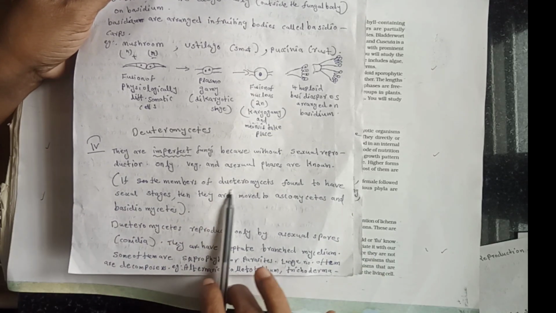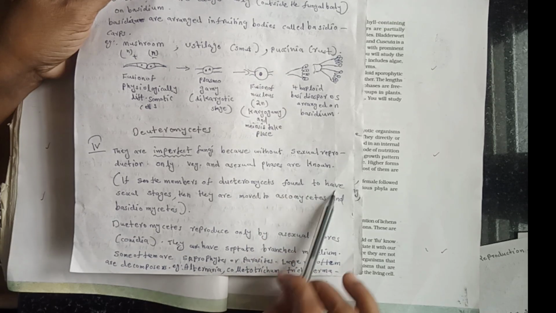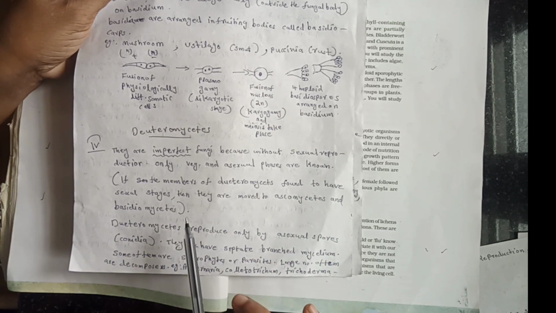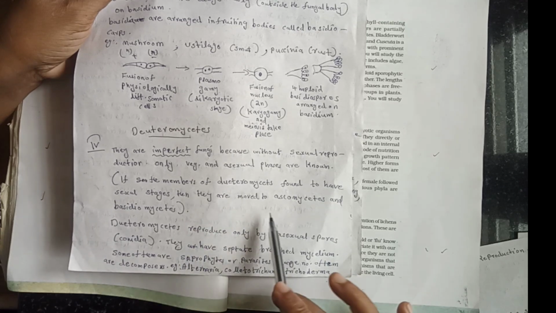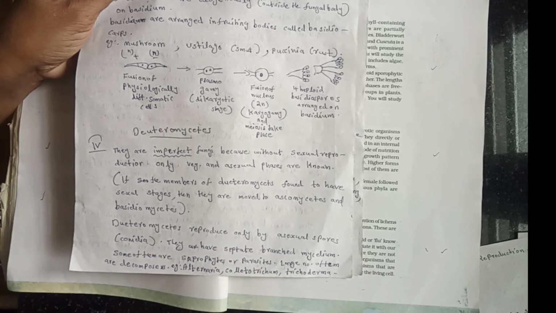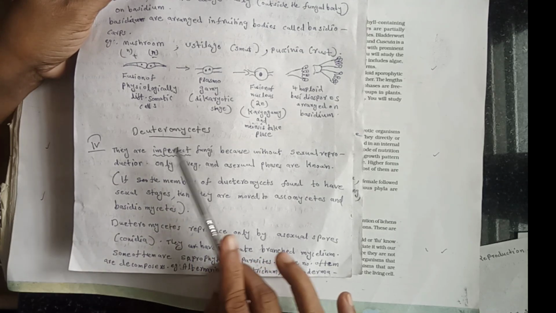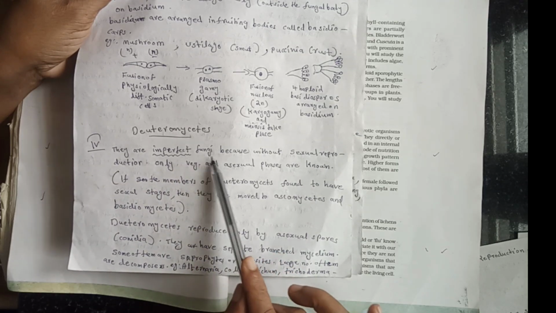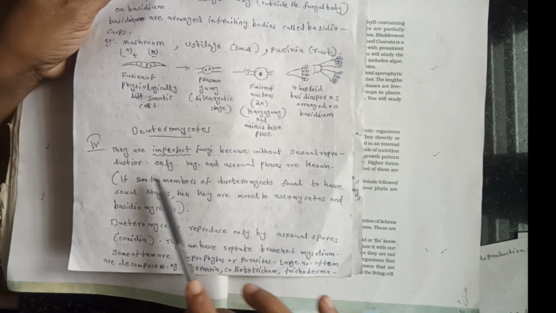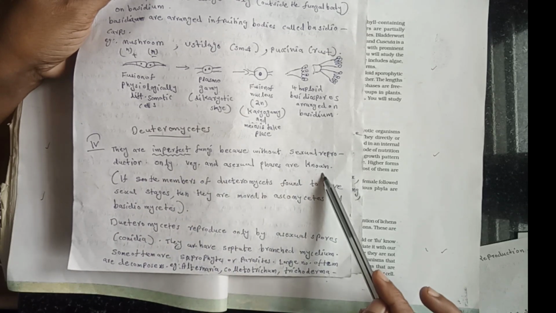If members of deuteromycetes are found to have a sexual stage in future, then they are moved to the ascomycetes or basidiomycetes group.